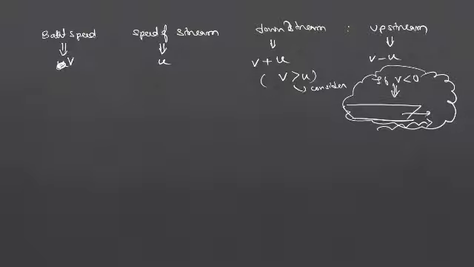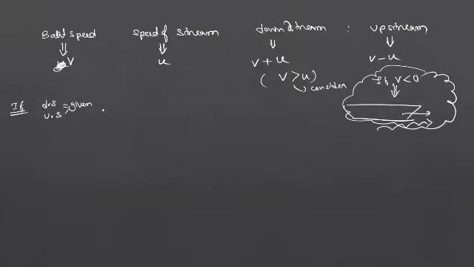Now we find that formula. If downstream and upstream speeds are given, then how to find the speed of stream and speed of boat?